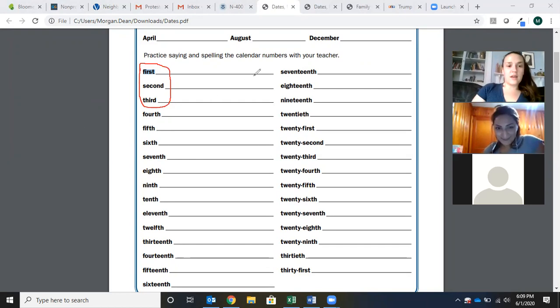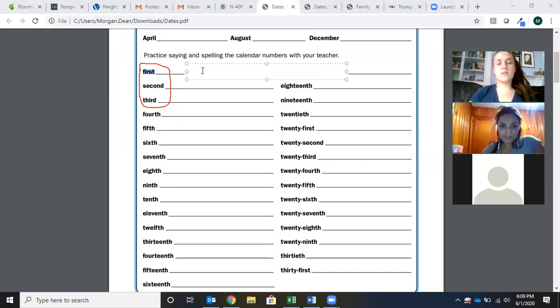So let's write out first. What's a date that uses the word first? Give me a full date that uses the word first. August 1. And then how do we say that? August 1st. Good.